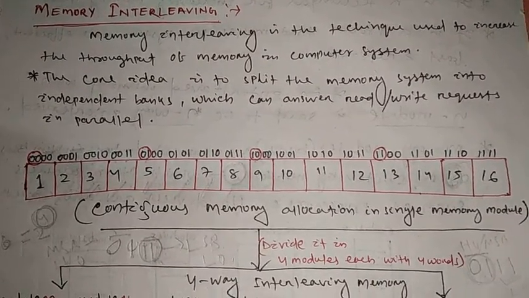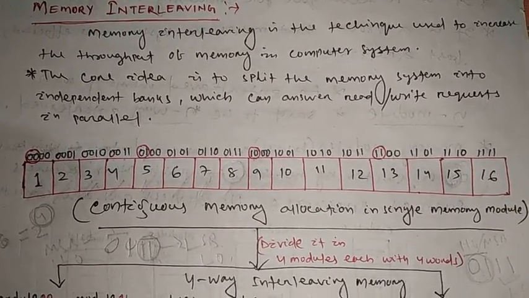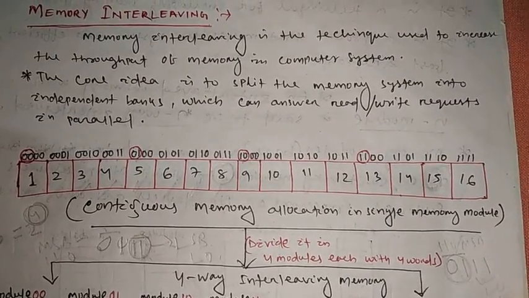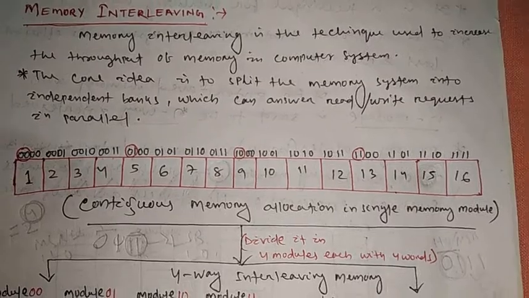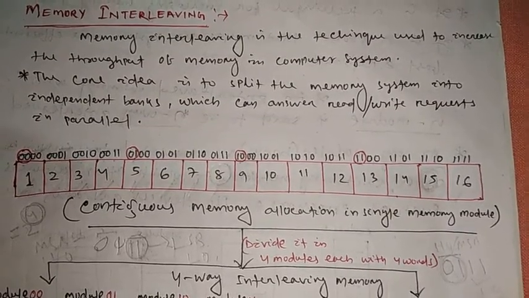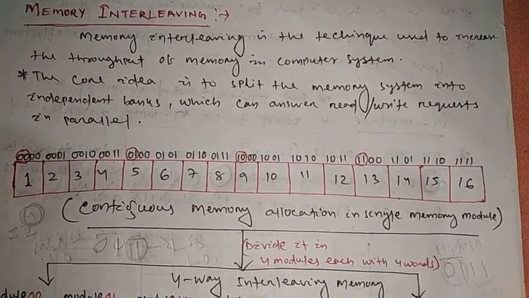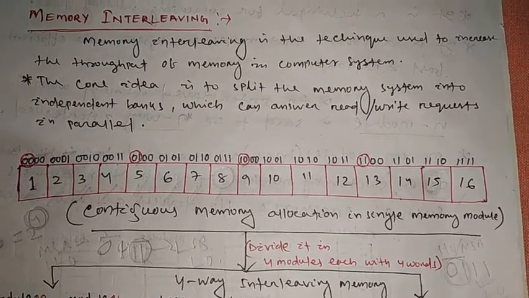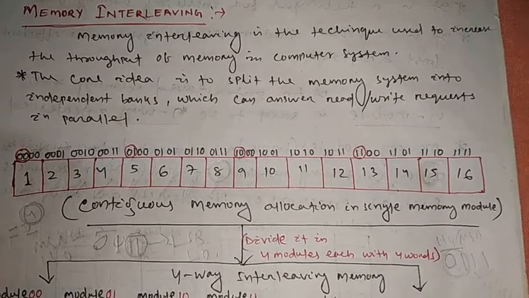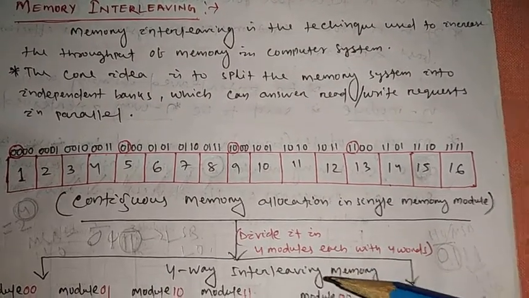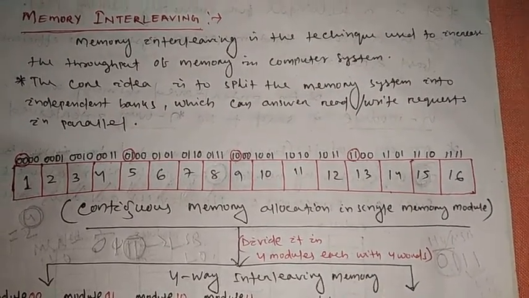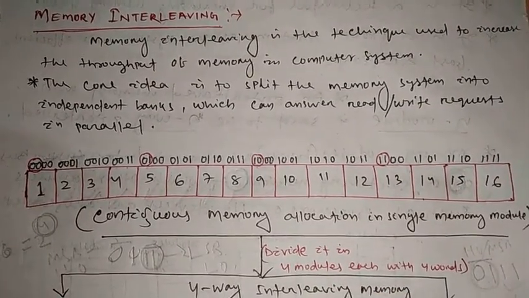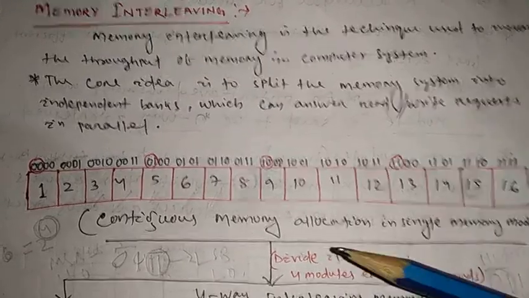So the main goal of memory interleaving is to design the main memory in an effective manner, through which we can increase the memory bandwidth, so the waiting time of the CPU will be decreased and the efficiency of memory will be increased, and also we can access multiple words simultaneously at a time.